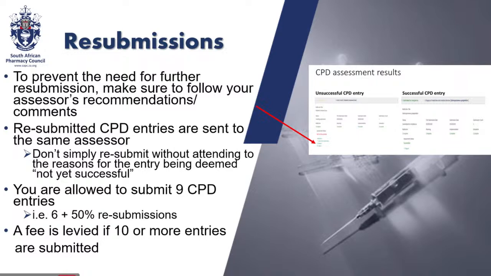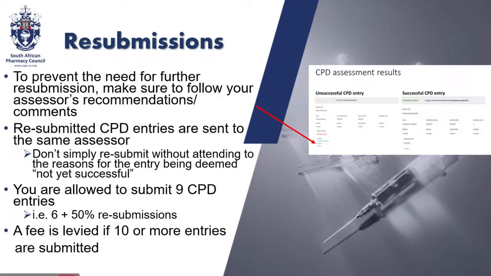It is really frustrating if you moderate or assess a CPD entry for the 4th time and the same comments are still there, and you see that the intern has not made any changes to the submission. On the right hand side of the screen, you can see the same example that Tabang used in her presentation, the unsuccessful CPD entry and the successful one.